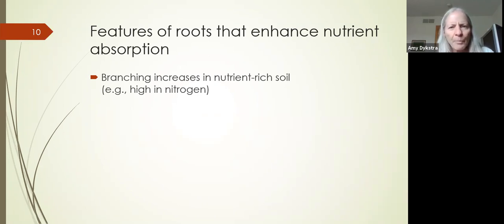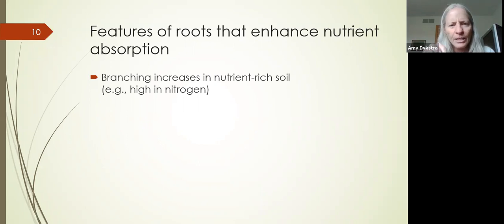For example, they might be sending down a root, and if there aren't very many nutrients in that soil, then the plant may not use the energy to make branch roots in that area because it somehow senses that it's not going to be able to get much out of that soil. So instead, it'll just keep sending its root longer.